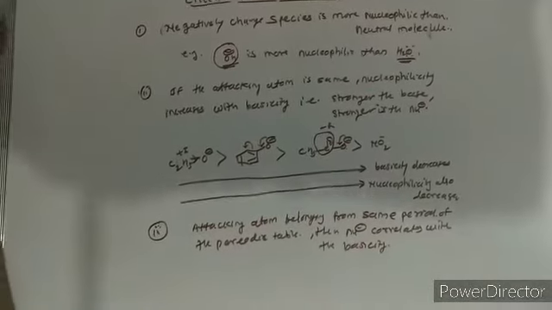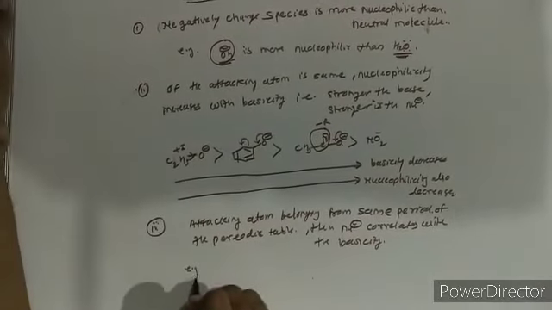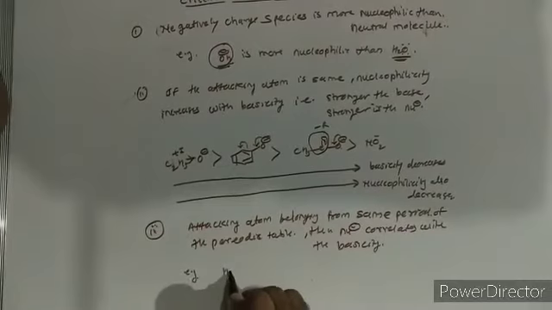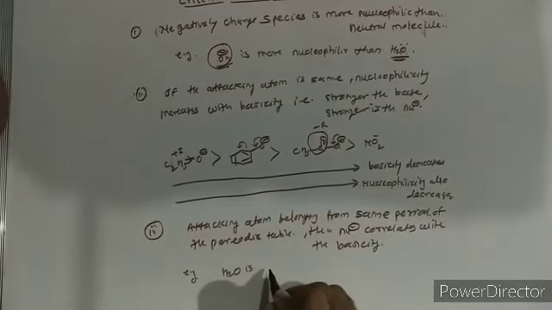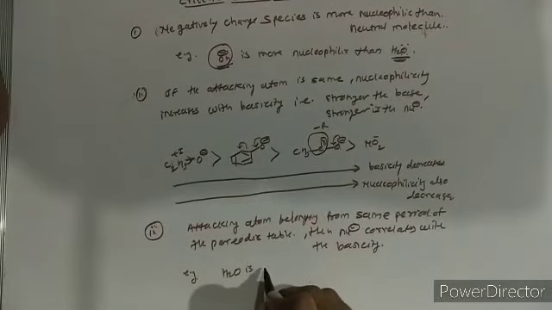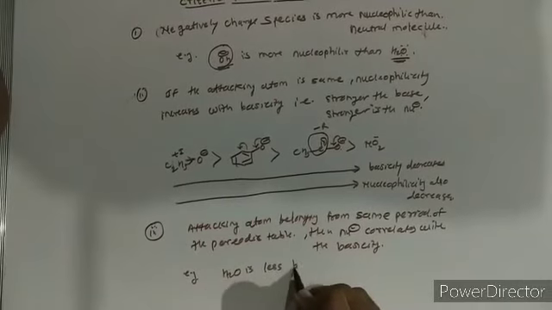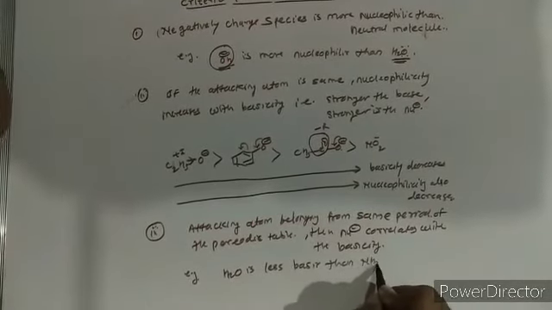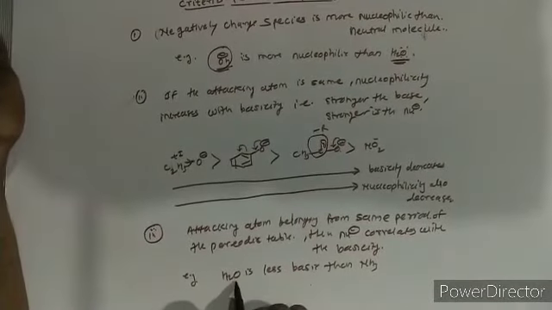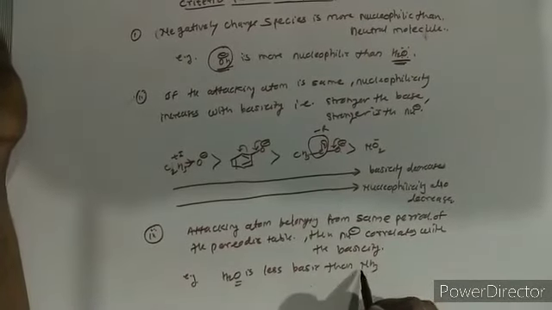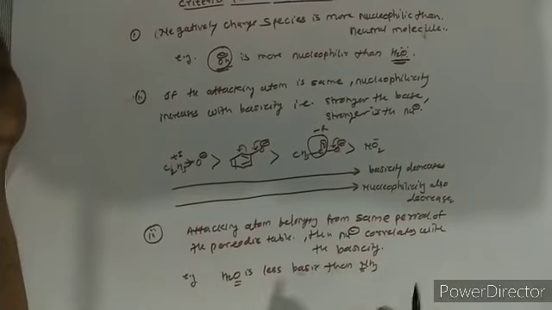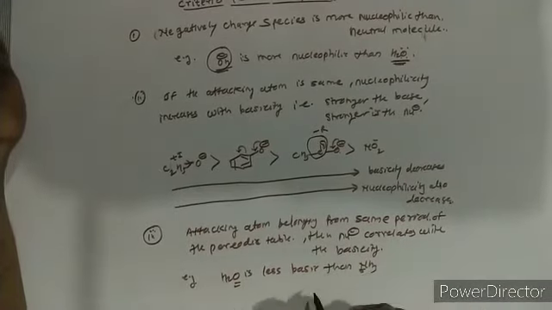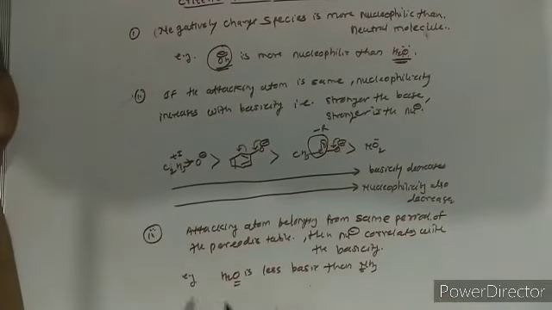For example, H2O is less basic than NH3. The attacking atom here is oxygen, and in the other molecule it is nitrogen, so oxygen and nitrogen belong to the same period.